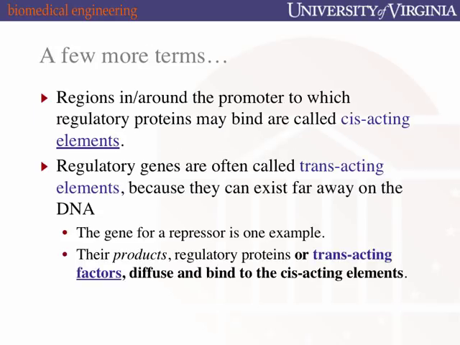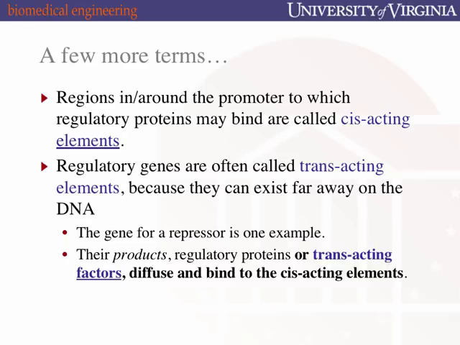All right, we're almost through the prokaryotic part. We need to talk about a couple more terms that come more to the fore when we begin discussing eukaryotic transcriptional regulation. And that is this theme of DNA sequence in the local vicinity of where the gene that is getting transcribed.